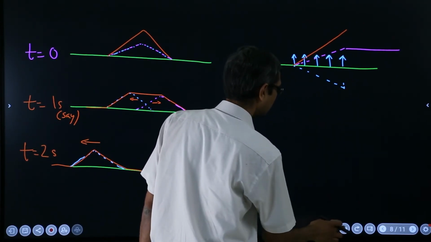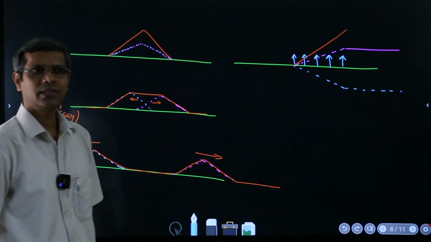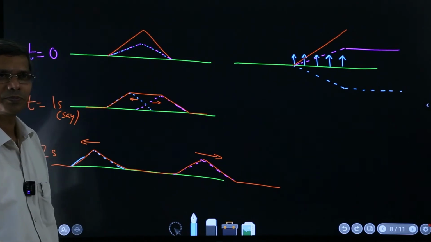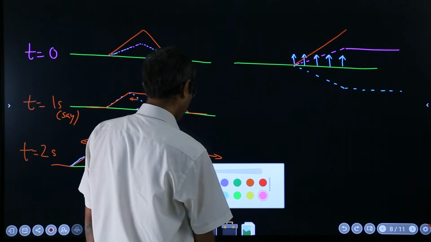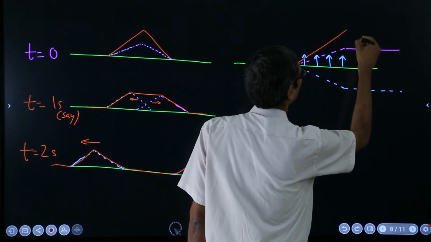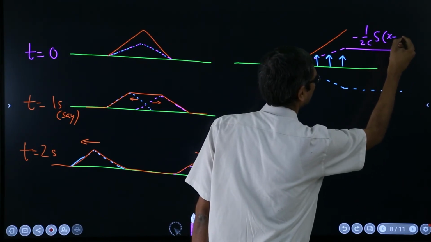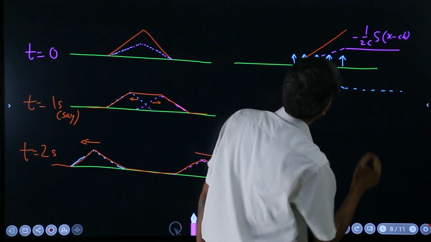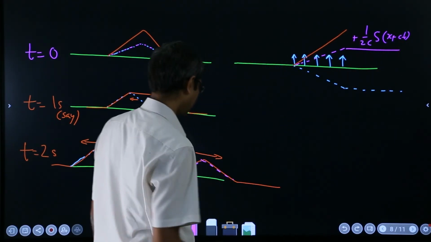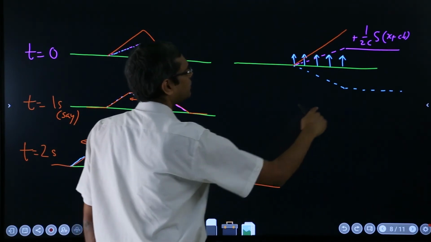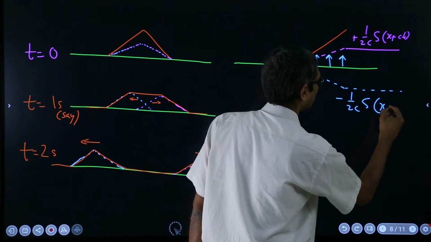So these are those two parts. I'll write it here. This purple one is minus 1 by 2C times S of x minus Ct. No, plus, so this is plus. And this one is minus 1 by 2C S of x minus Ct.